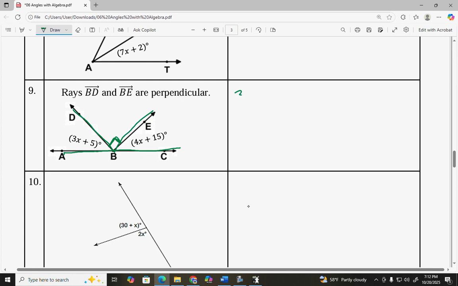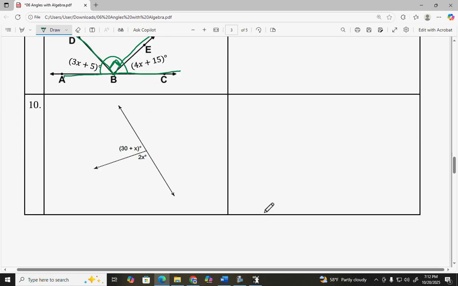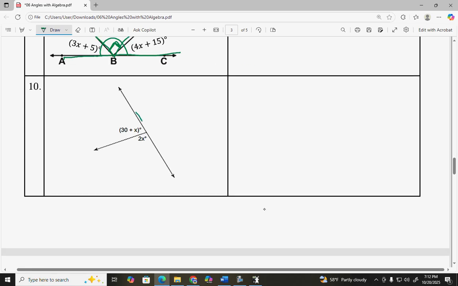So you could actually say 3x plus 5 plus 90 plus 4x plus 15 equals 180. There are some other things you can do, but this is what I'm going to write. All 3 of these make 180, so I added all 3 angles to be 180. And number 10, these 2 angles do add up to be 180.